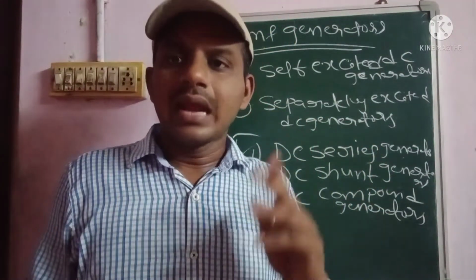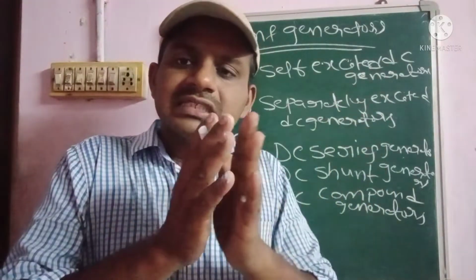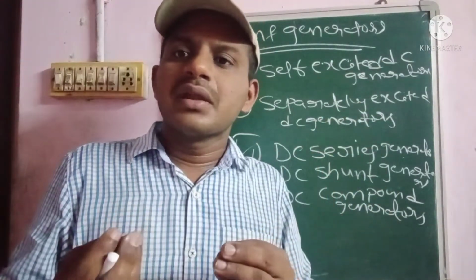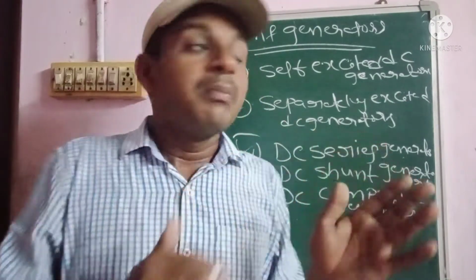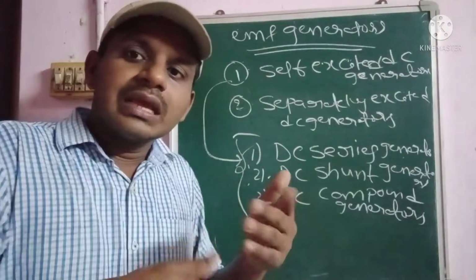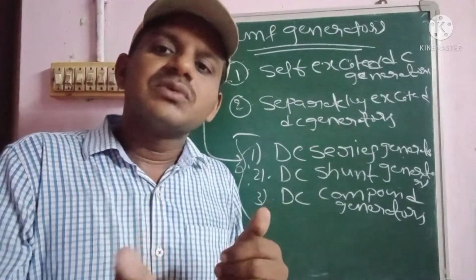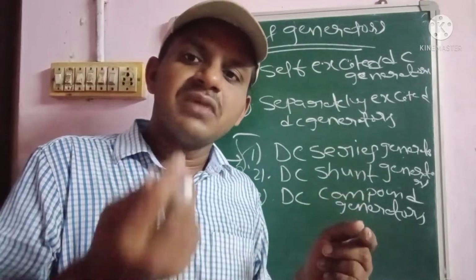In this one, a separate, individual supply is given to both the field winding and the armature winding. But in the case of the self-excited DC generator, we combine both the armature and the field winding.